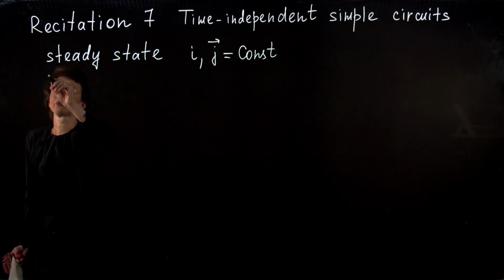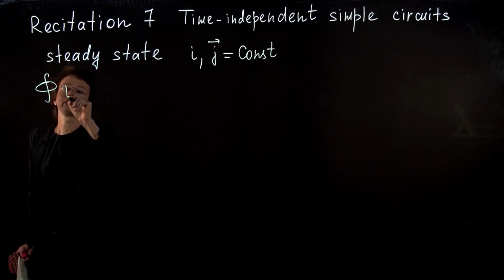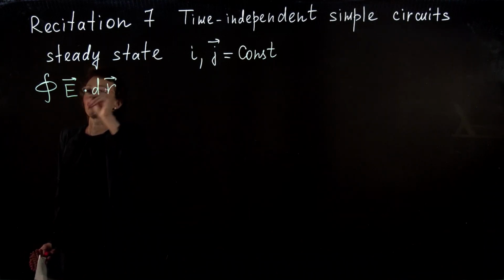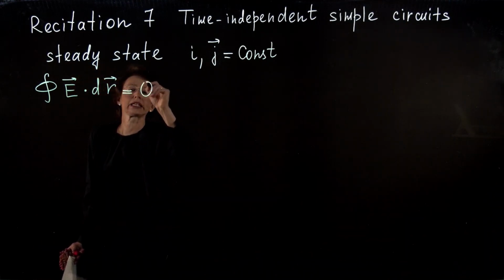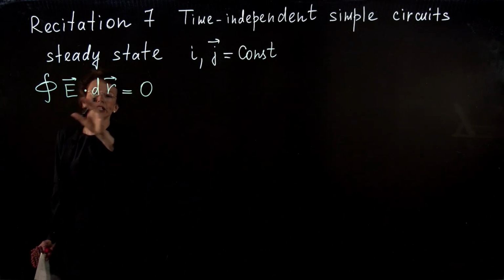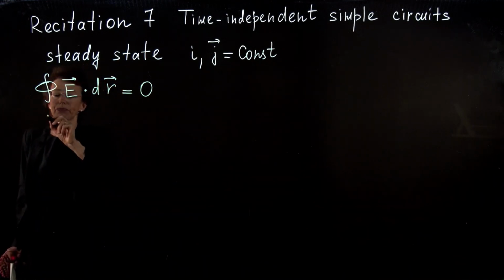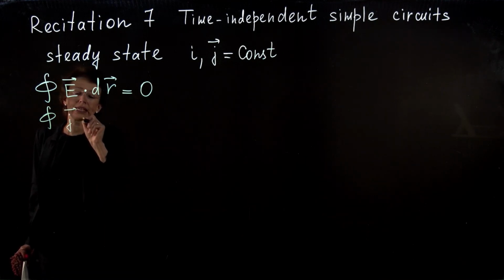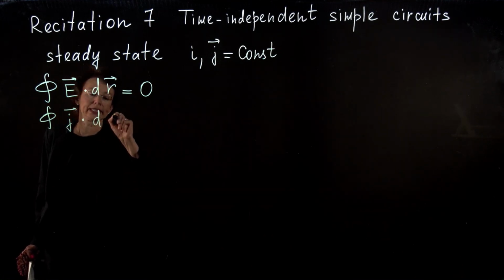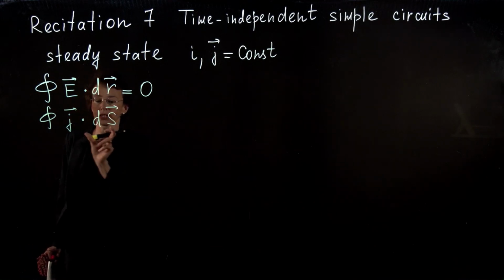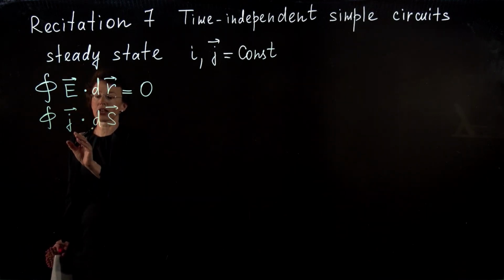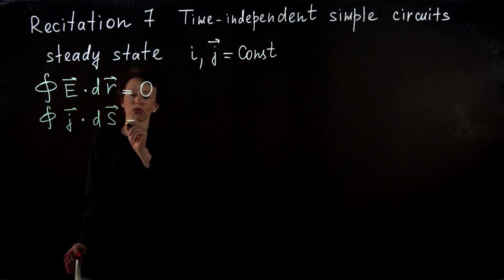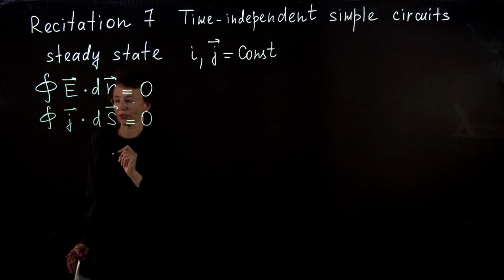And first of all, I will write the law: integral E dot dr over a closed loop is 0. Because it is a steady state situation, this equation still works. The second equation that we will use is integral J, current density, dot dS, which means that the flux of a current density out of a closed surface is 0.